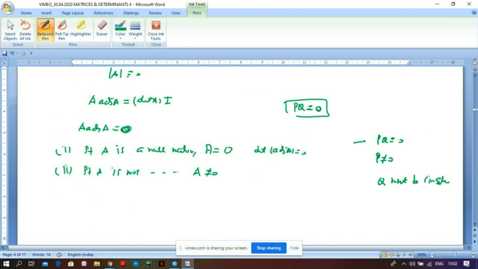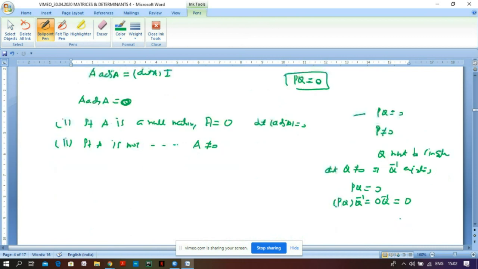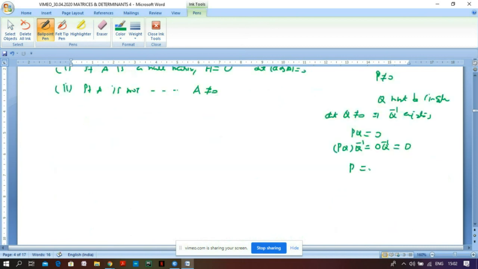Proof by contradiction, just to refresh you: suppose Q is not singular, means det of Q is not 0. That implies Q inverse exists, Q is invertible, and so PQ equal to 0, post-multiplied with Q inverse, gives 0 times Q inverse, that is 0, and we get P equal to 0. That's a contradiction because given P is not 0.